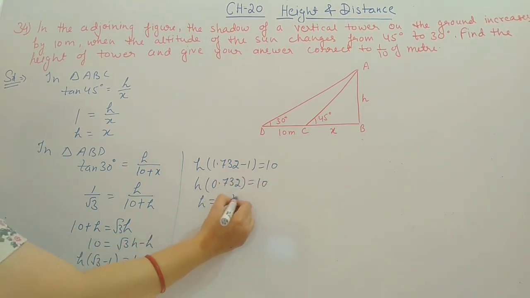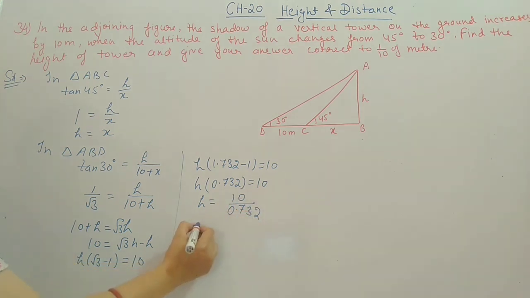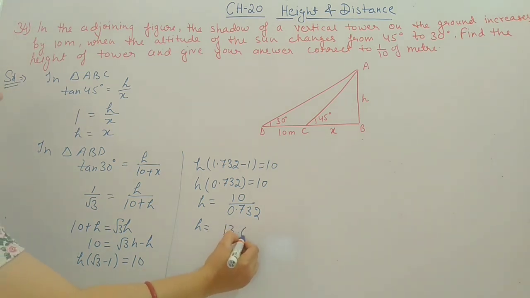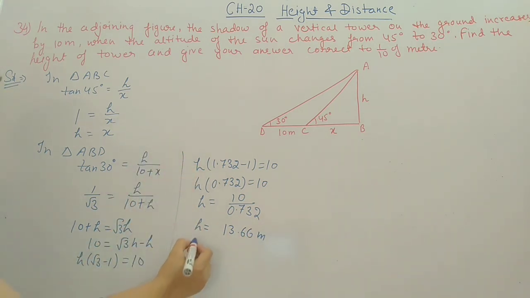H is equal to 10 by 0.732. Divide it and calculate your answer up to 2 decimal place, and then round it off to 1 decimal place. So H is equal to 13.7 meter. After the first place, this second place of decimal is more than 5, so this 6 will become 7. So 13.7 meter.